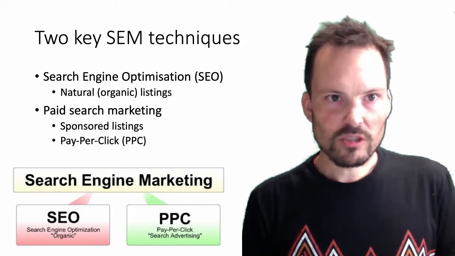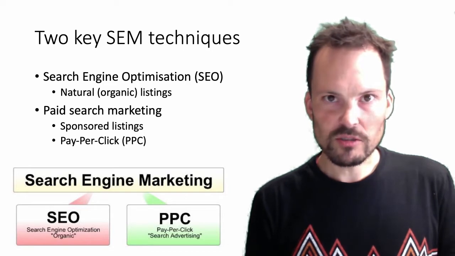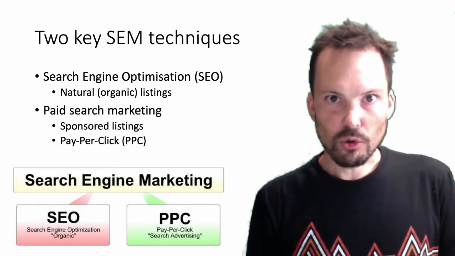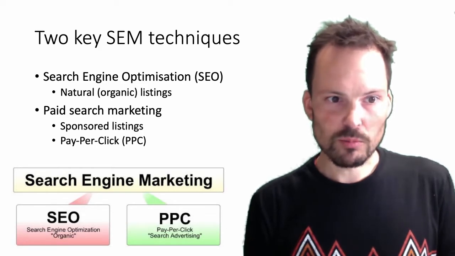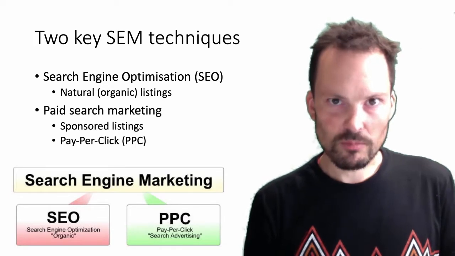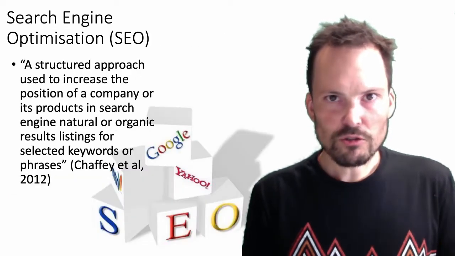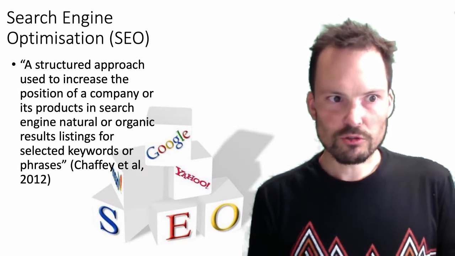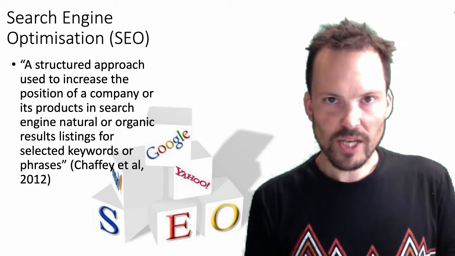So search engine marketing has two main techniques. One is search engine optimization, which has to do with your organic ranking on Google, and the other one is paid search marketing, which is pay-per-click sponsored listings or ads with Google, if you want, which is what Google wants you to do.